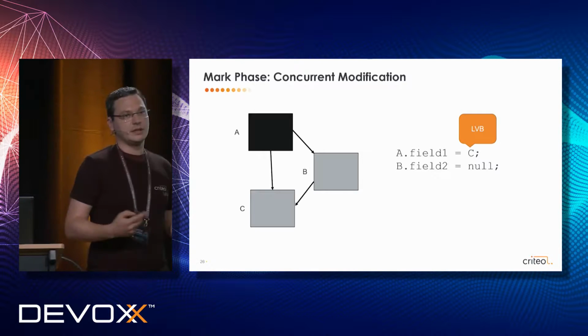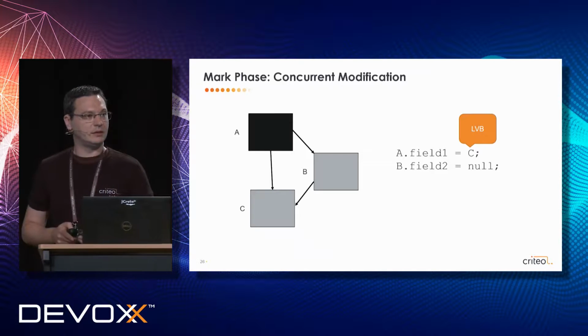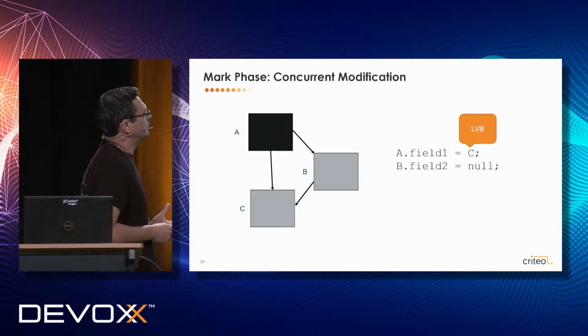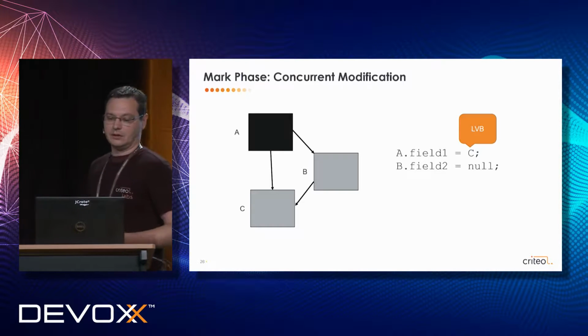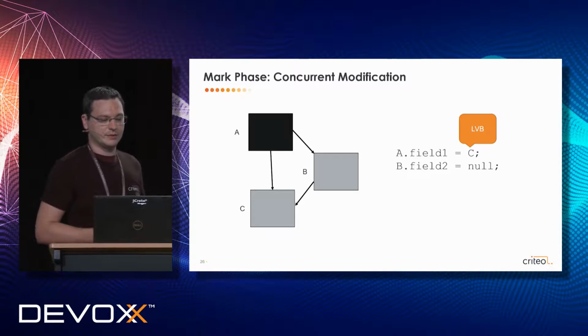So C becomes gray, and we can mark all the objects correctly without losing any object during the concurrent marking. That's the way incremental updates will catch those objects.